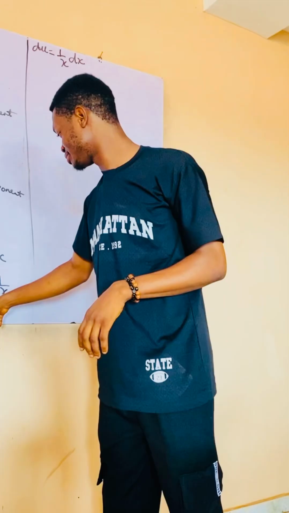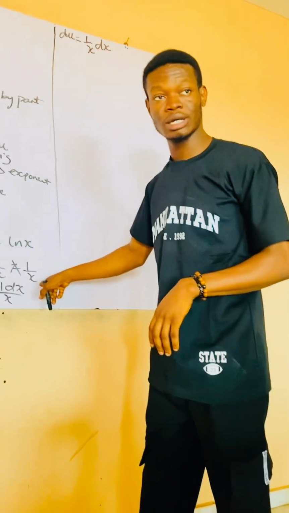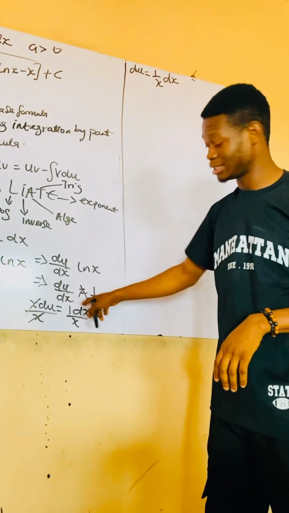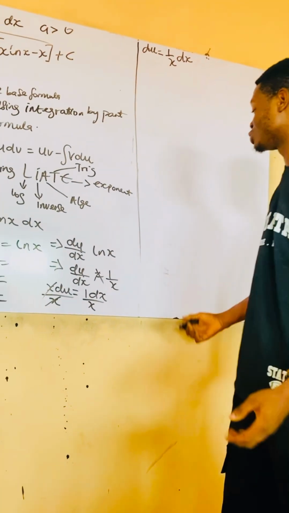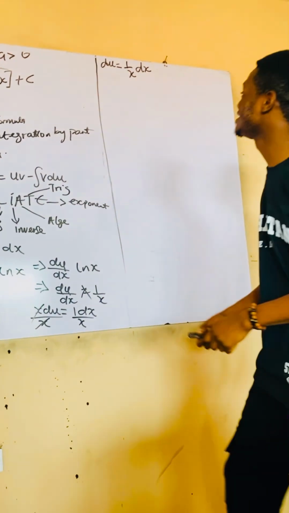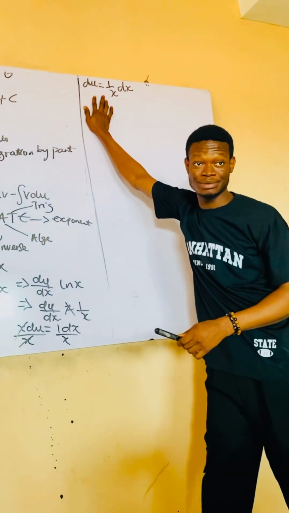This one, see? This x divide this one? No, no, it will not divide it. This one is the dx, for those who cannot divide it. So, do you see how we got our du?